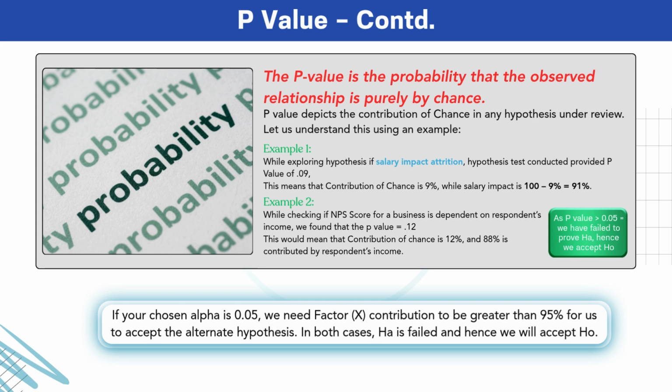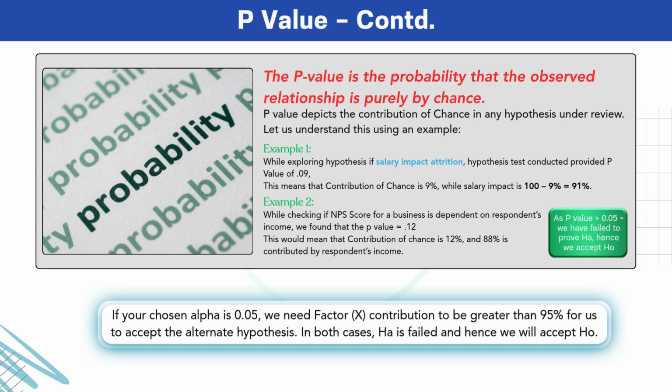This means that 9% of the result could be due to chance, and 91% is attributed to the salary factor. Since 0.09 is greater than 0.05, we fail to reject the null hypothesis. We do not have enough confidence to accept the alternate hypothesis that salary impacts attrition.